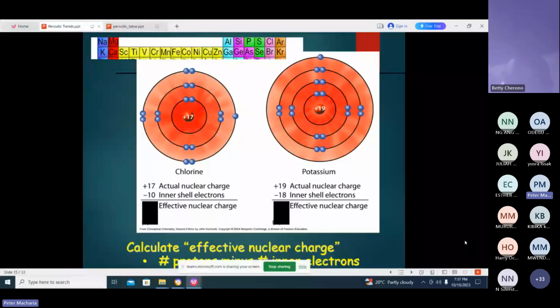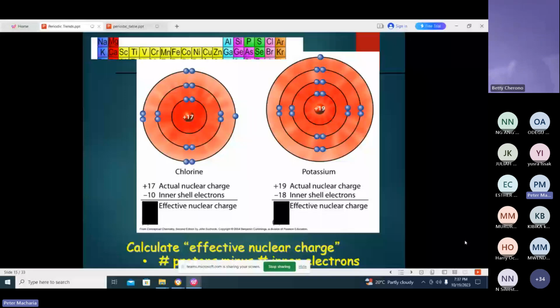And therefore, if we say that one electron stops one proton, then they stop 10 protons from attracting the outermost electrons because they neutralize one another. But the remaining 7 protons that are added as you go to chlorine are not shielded by anything. So therefore, there is a net of positive 7 that is attracting the outermost electrons.